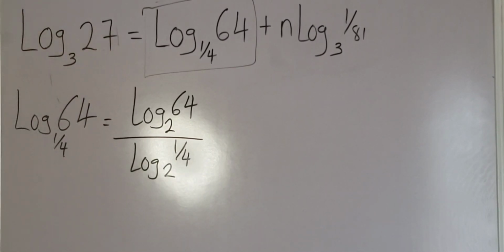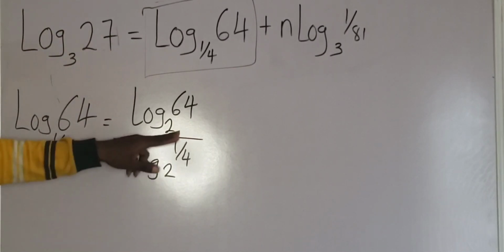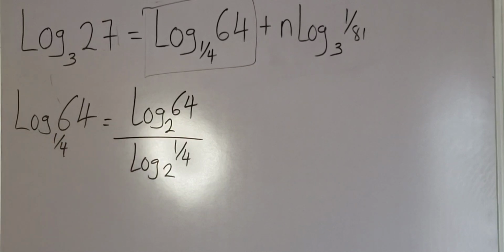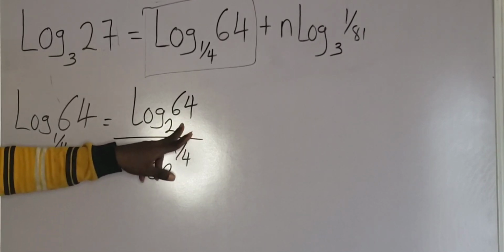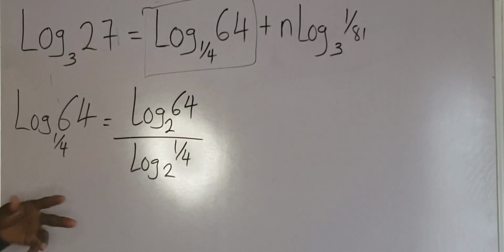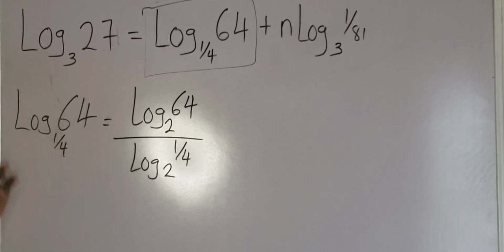Now I want to ask you a question. Why don't I use 3? Why do I decide to use 2? The reason why I didn't use 3 is so that I'll be able to simplify the function. If I make use of 3 as the base, I won't be able to simplify the function, okay? So I make use of 2 as the base.